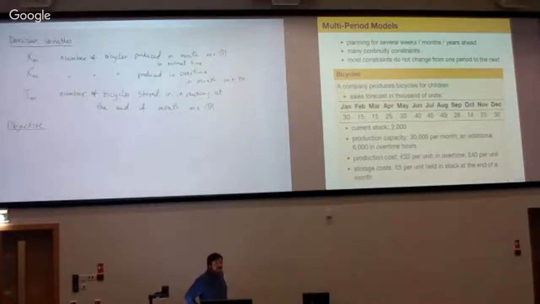It doesn't say, does it? What do you propose? Exactly. So usually you want to maximize profit, but sometimes there is no profit. So yeah, so it's to minimize cost.